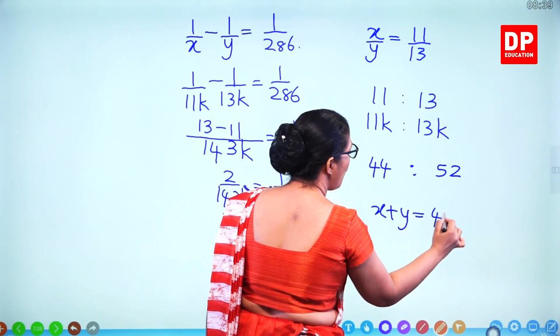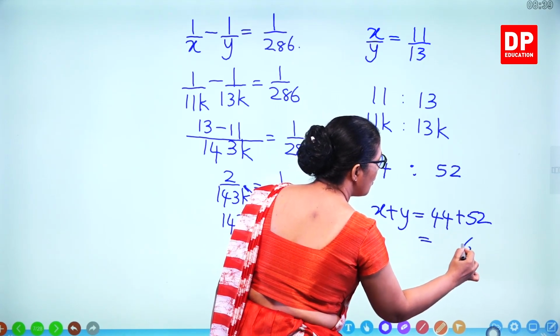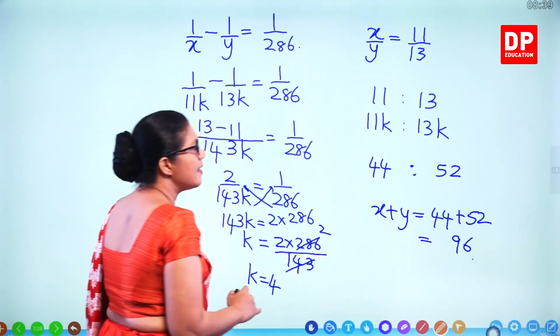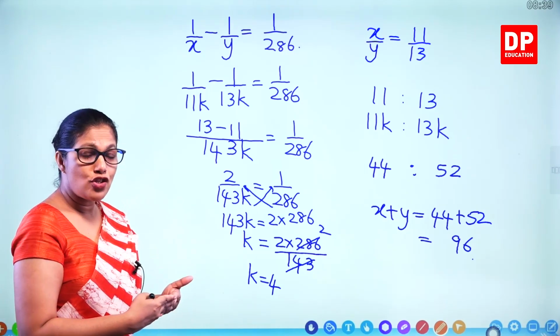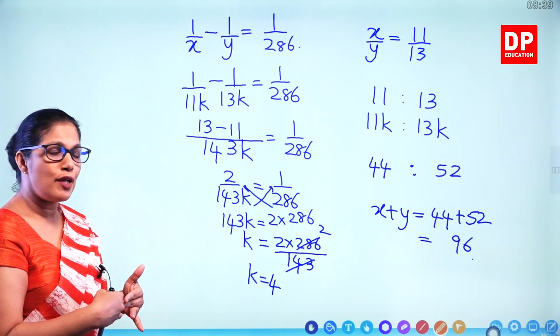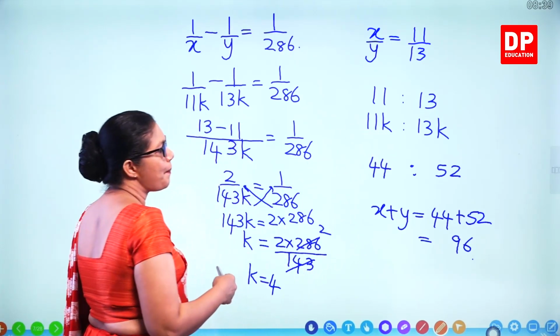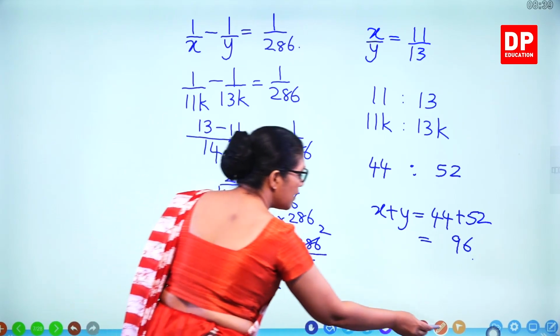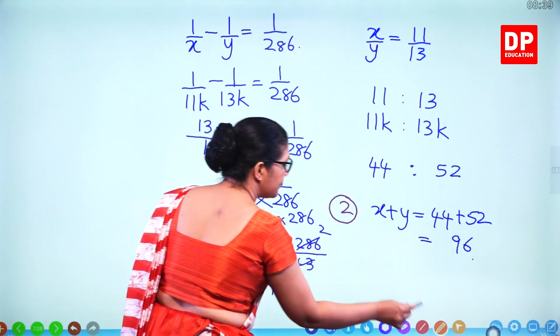X is 44, y is 52. 96 is the answer. So what we do here is take the ratio and convert it to the actual value by taking any multiple. So you get the sum is 96. So 2 marks for that.